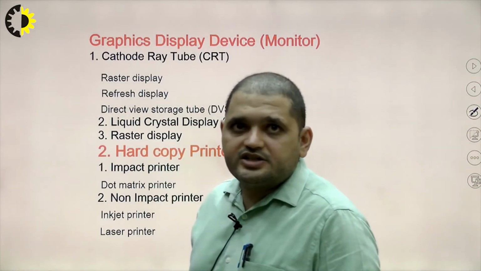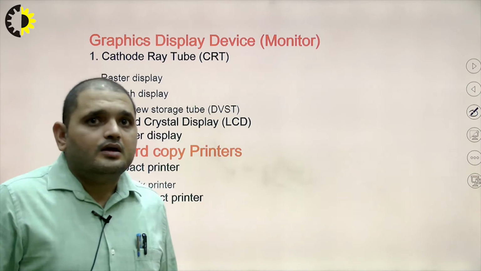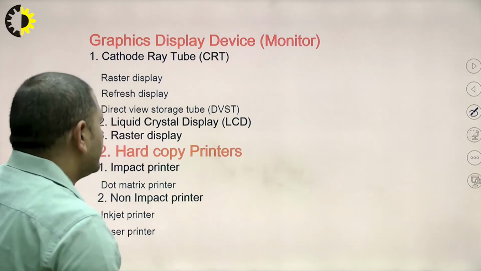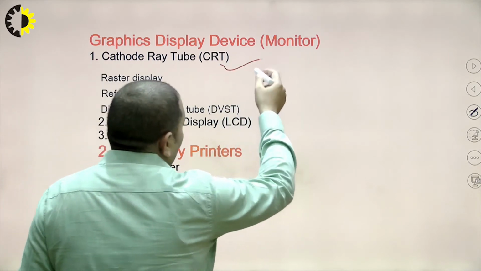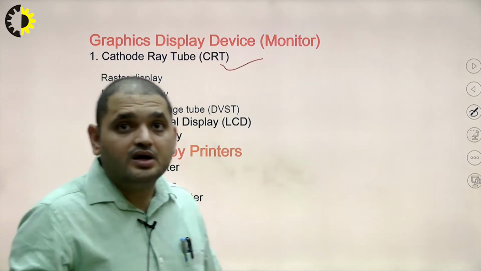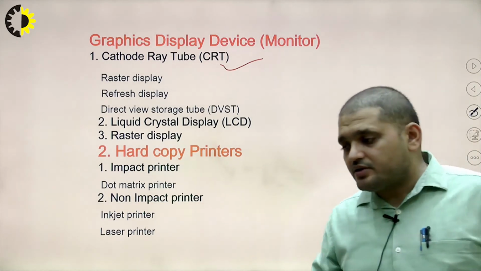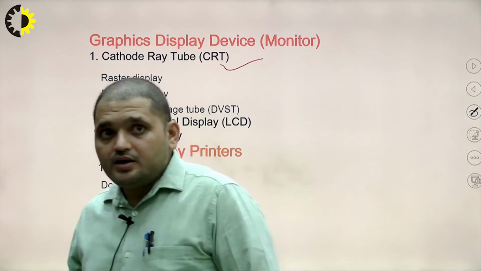Now graphical display devices. Earlier the CRT monitor was used. Many of you have seen the earlier picture tube, that is a CRT, and many of you have already learned about it, CRT, cathode ray tube.